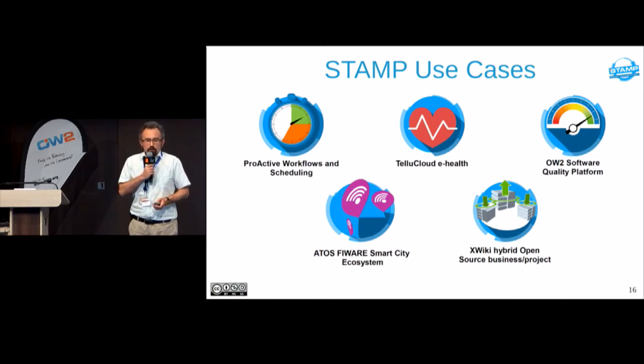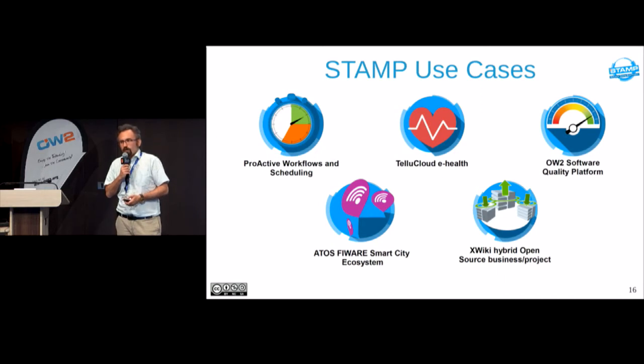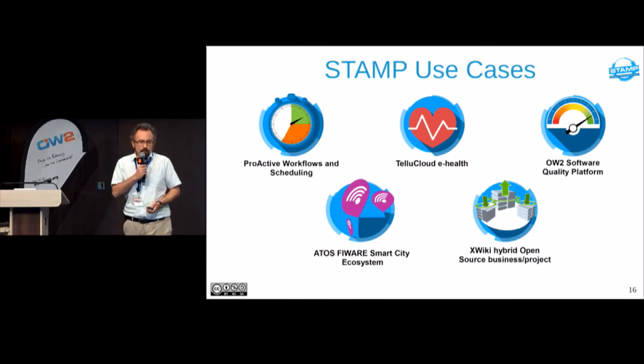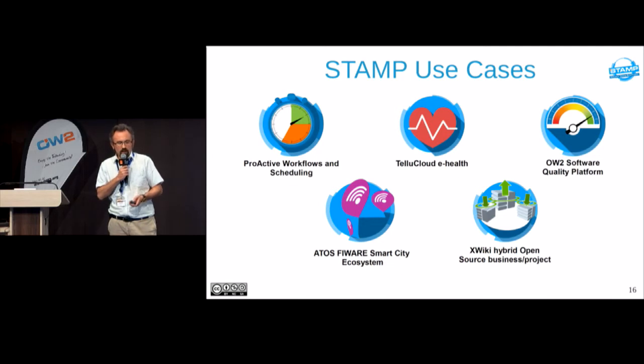STAMP in the DevOps paradigm isn't developed for itself. It's developed for its use cases. We've got 5. One with Proactive, one with TellU. It's about healthcare. OW2 will use STAMP on some of its projects.